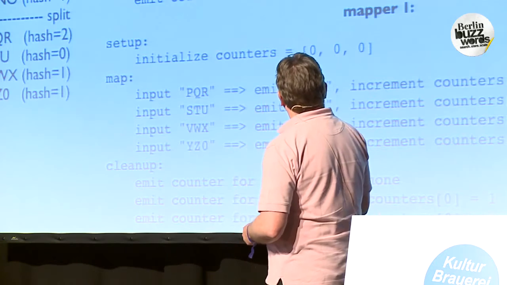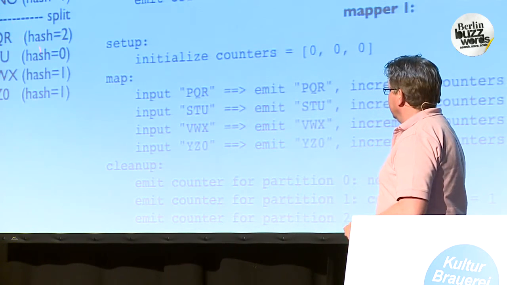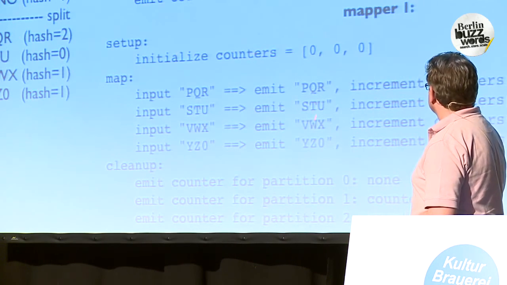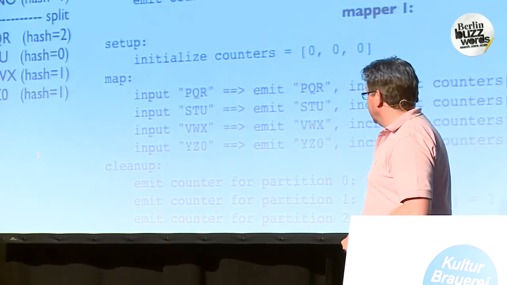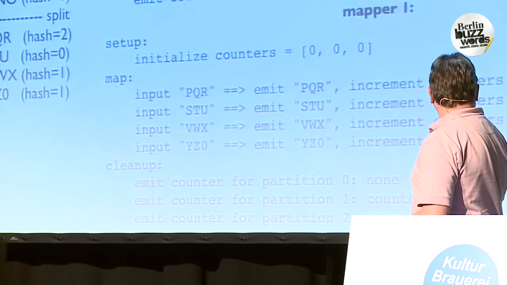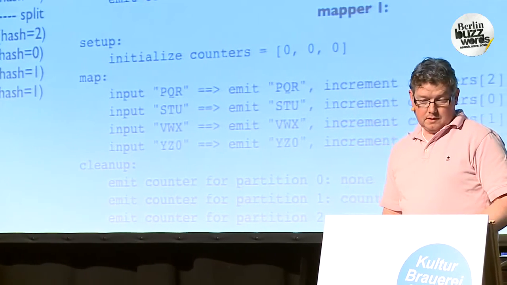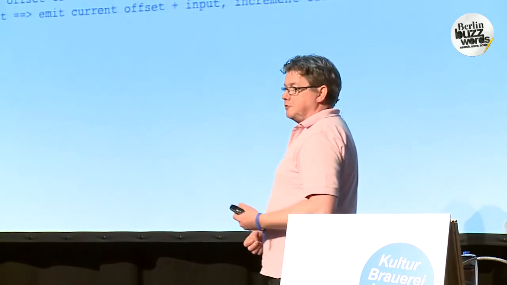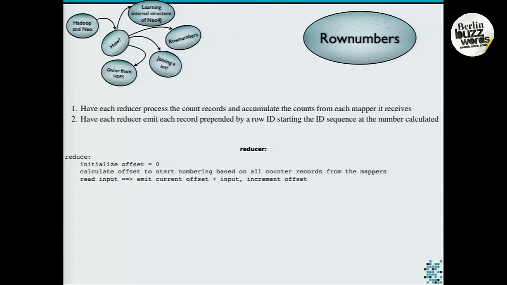You have a separate mapper for the data after the split, and it does the same and also emits the counters. Then you have the reducer, and the reducer first processes all those counters to calculate the offset.